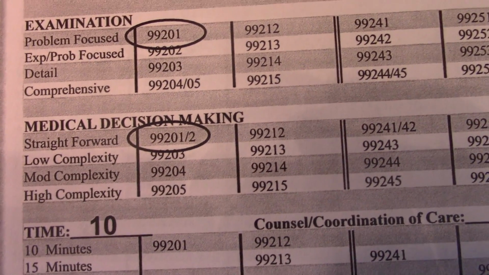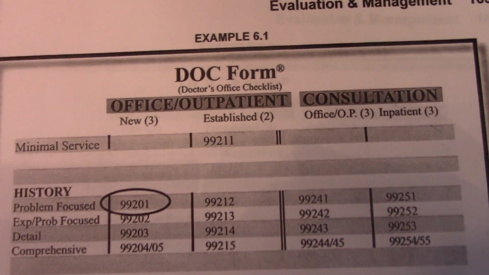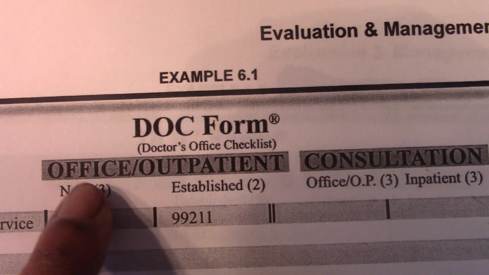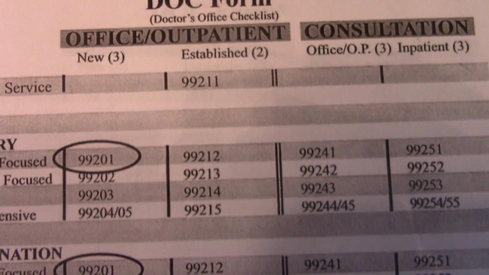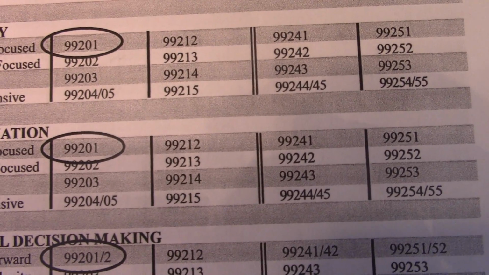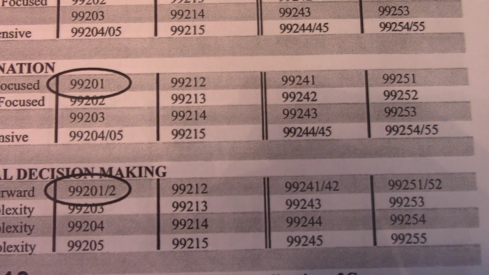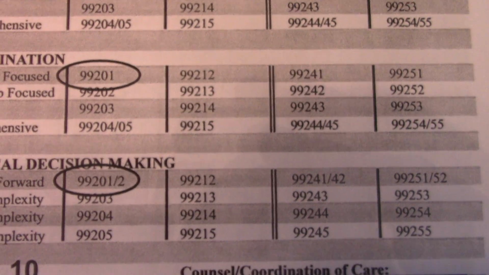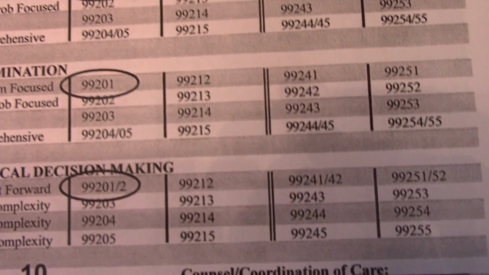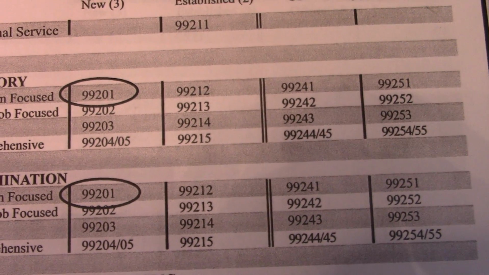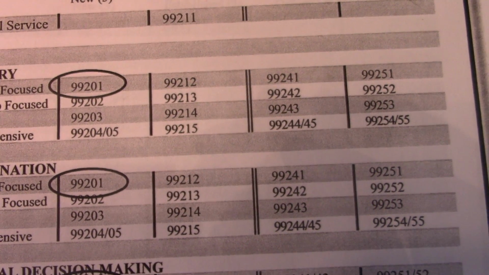So as you can see from this document, under the office, new patient, you need 3 out of 3. You have 99201, 99201, and 99201. So because of this, and it's 10 minutes, and that's still 99201, then this office visit would be coded at 99201.